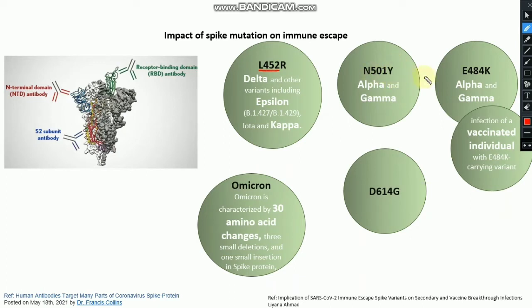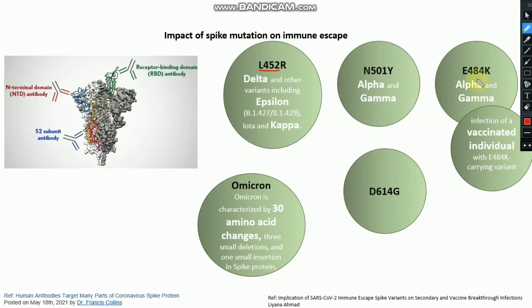So next, moving on to another mutation. This is the E484K mutation, and this is also found in the alpha and gamma variants. This kind of variant mildly increases the affinity of the RBD to the S2 receptor.